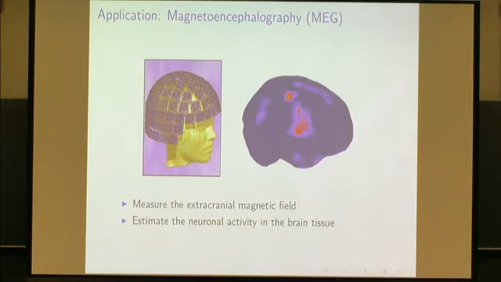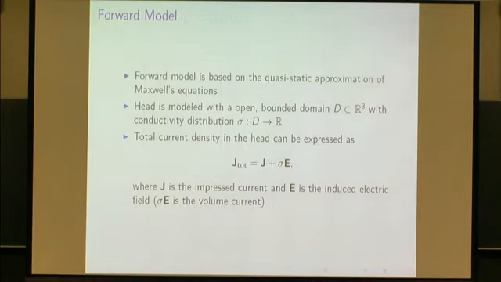So let's write what this A and B are in my linear problem, so that you see a little bit of the dimensions and where the problems lie. We use the quasi-static approximation of Maxwell's equations, and D is the domain in R3 that is modeling the brain tissue, and sigma, if you want to introduce also the effect of volume currents, is the electric conductivity.